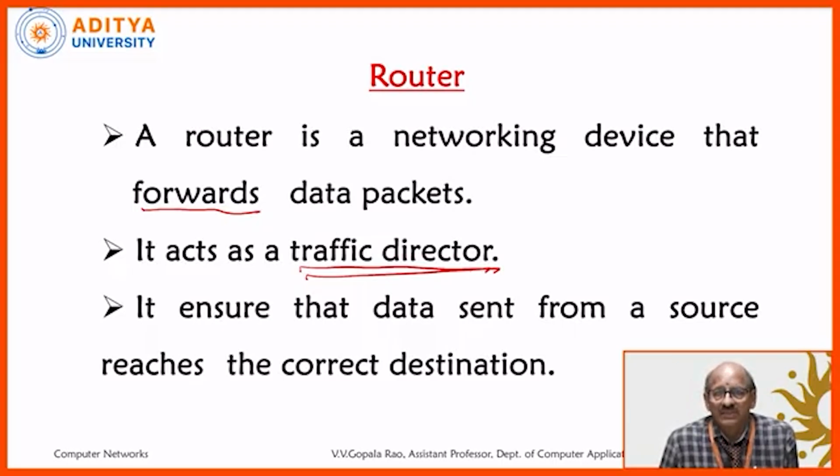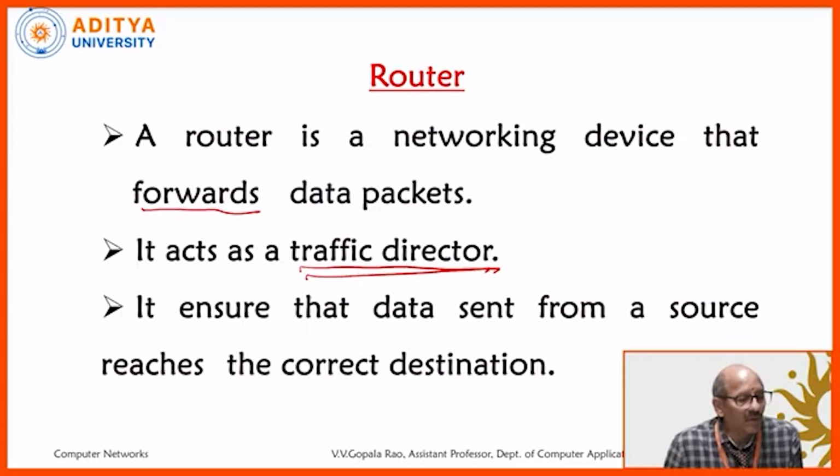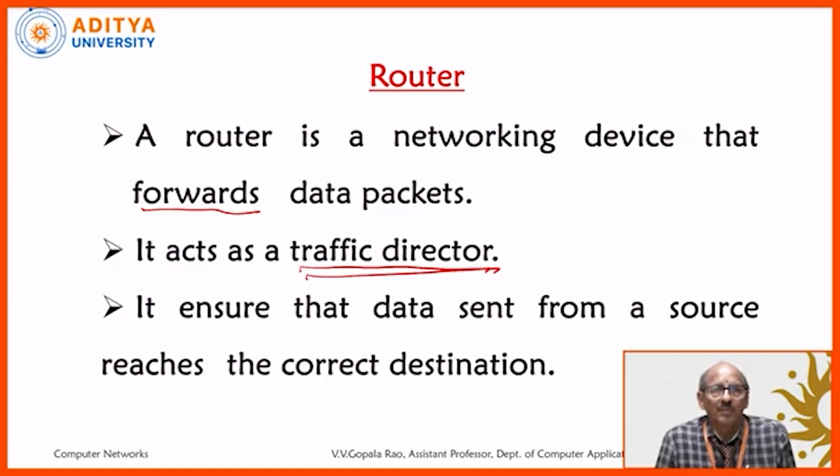Why is it called a traffic director? Because in the complete network, routers are placed at several locations, and all the routers may be combined to establish the overall network.